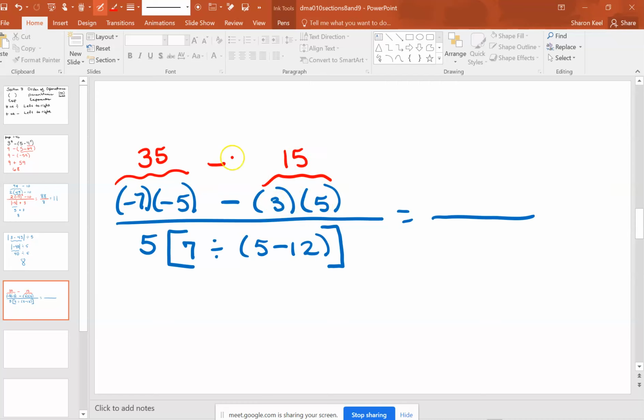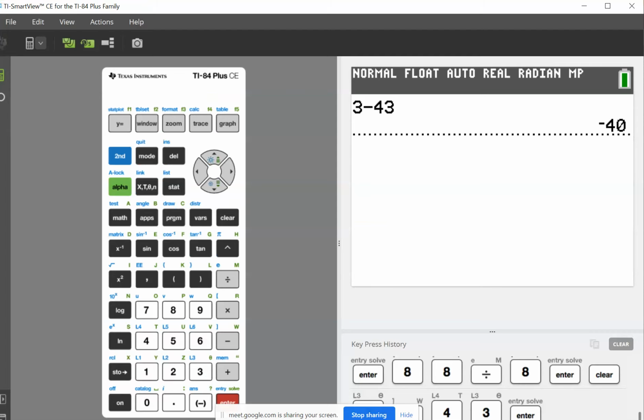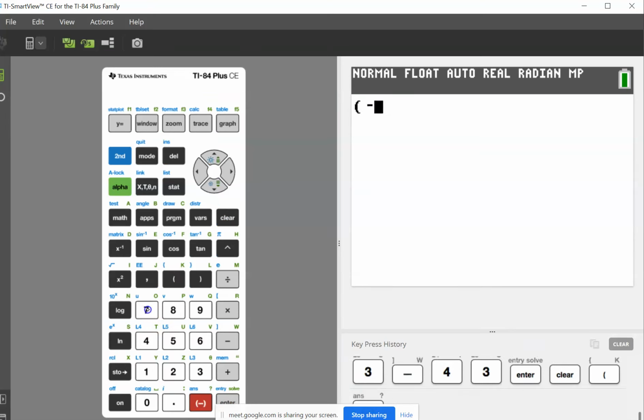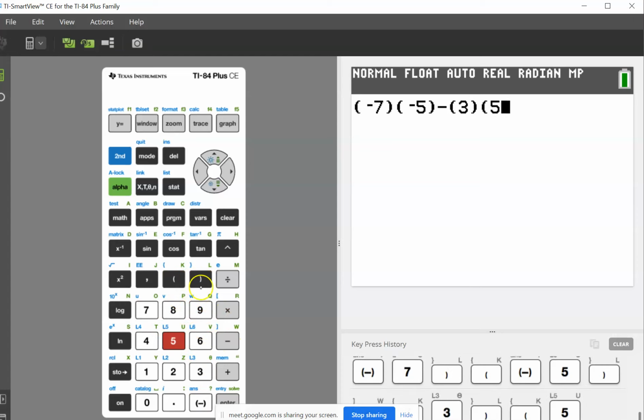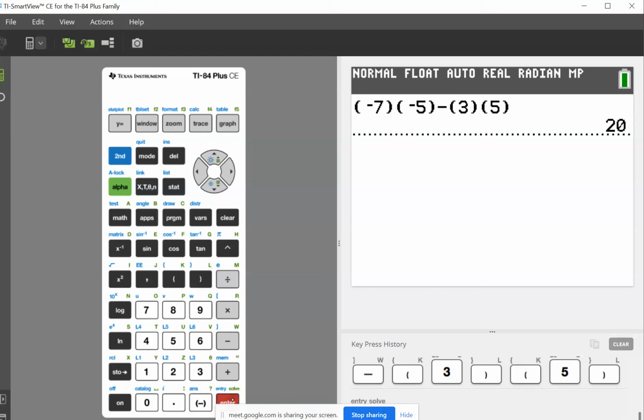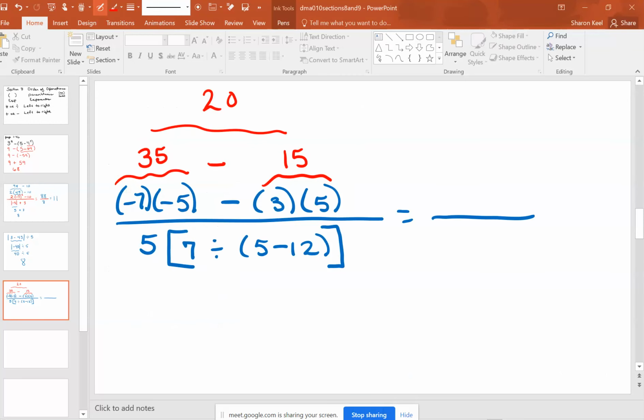Now we've got 35 minus 15, which will give us 20. And let's check that on the calculator. So if I were checking this, I would type in parenthesis -7, and then in the next parenthesis -5 minus 3 times 5. That gives me 20. Okay, so do check through that. So 20 is our numerator.